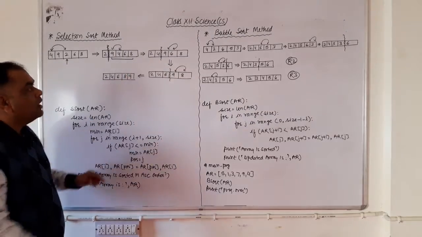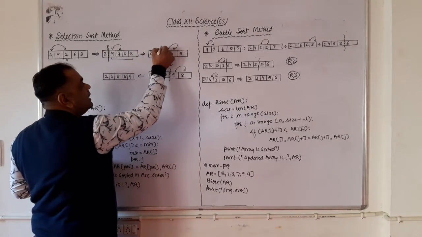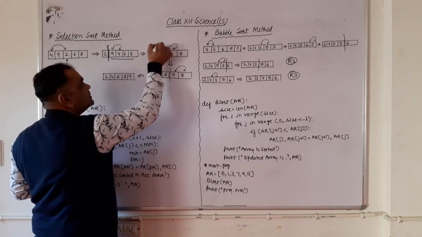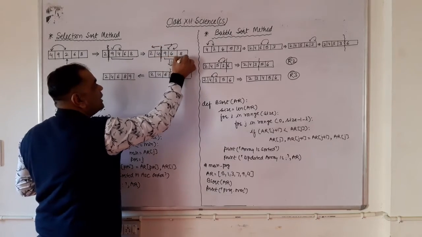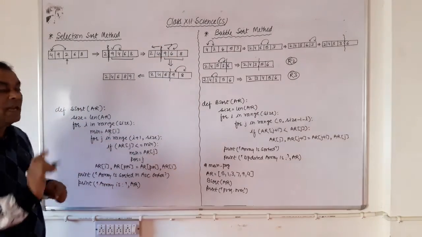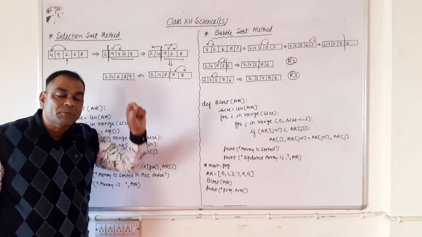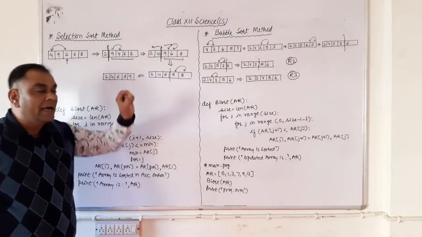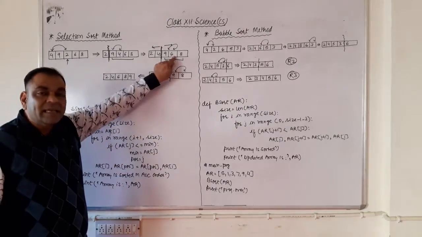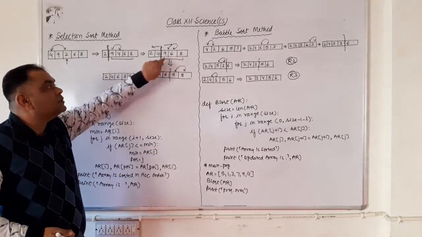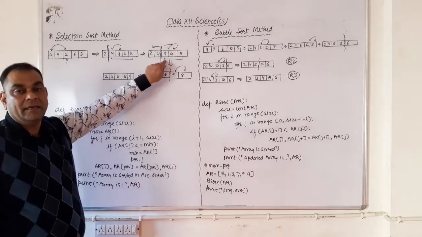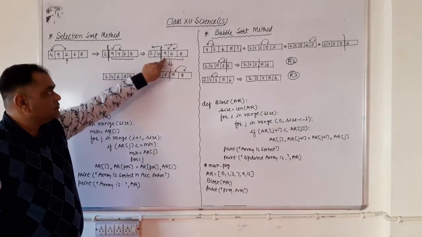Now 2, 4. The array is divided into two parts from this specific line here. Now you have to find the minimum element from the remaining array, find the position of the minimum element, and then swap this element with the front position of the remaining array. Clear? So 6 is swapped with 9.